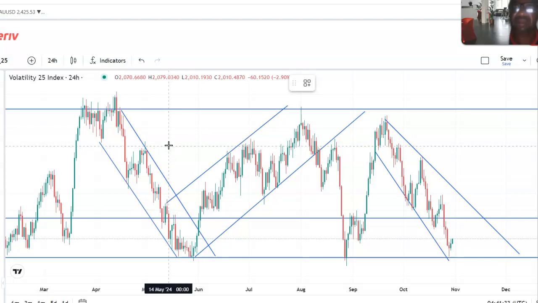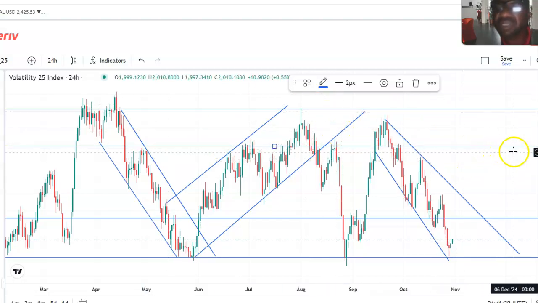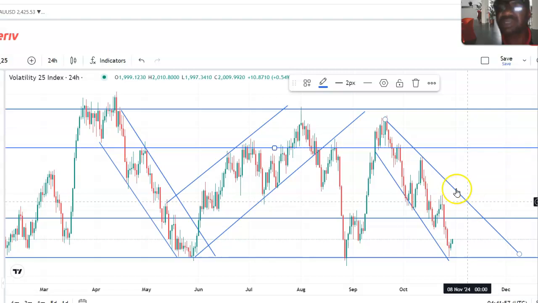Now, what do I do? I want to round up this resistance line. So what I do is, I look at it, it ends with 2,234. So let me end it up with 2,230. It has to end with 0.